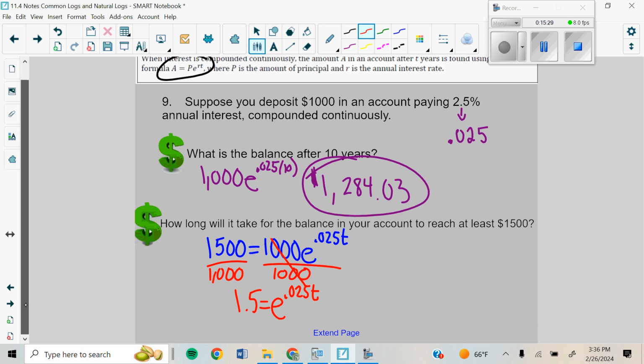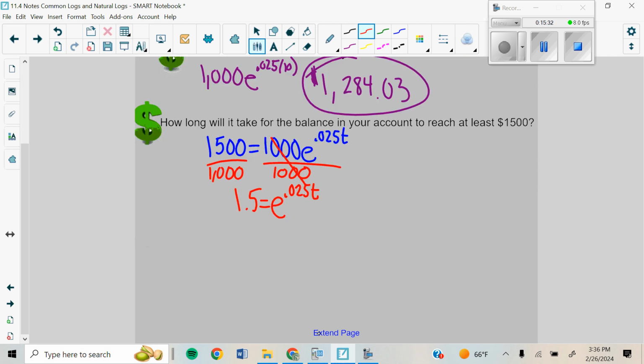Now this is in exponential form. We are able to rewrite this into logarithmic form. So log base e of 1.5 equals 0.025t. We can replace log base e with a natural log.